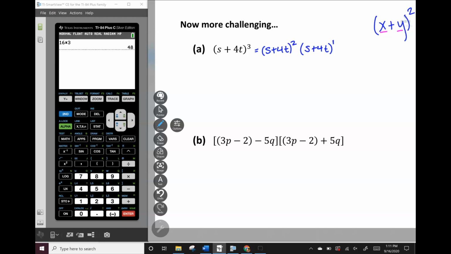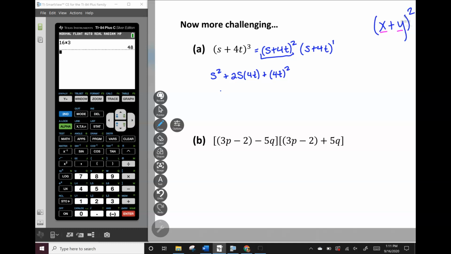Okay, so I'm going to use that pattern to square this first one, and then I will multiply it times that second binomial. So using the pattern on the first one, I've got s squared plus 2 times s times 4t plus 4t squared.